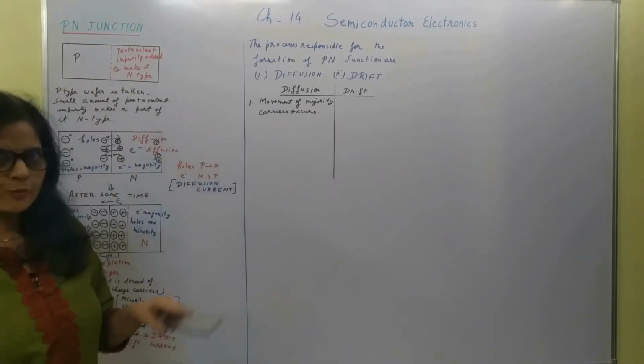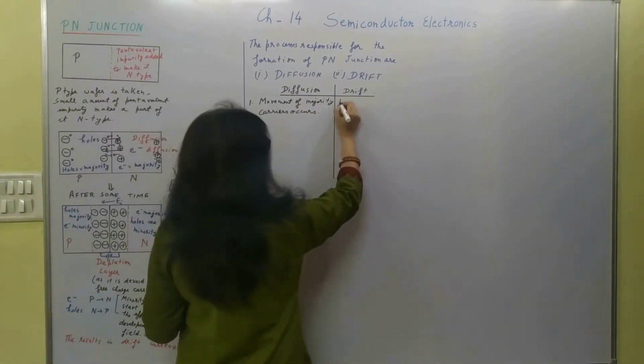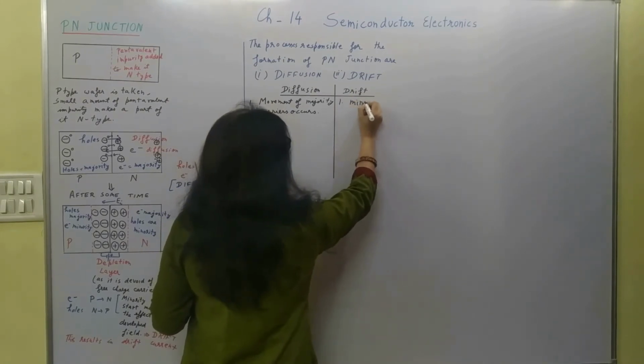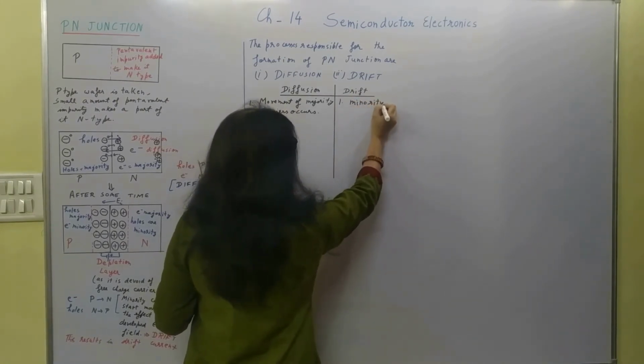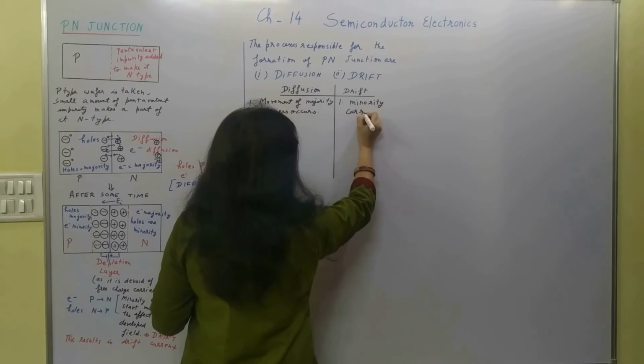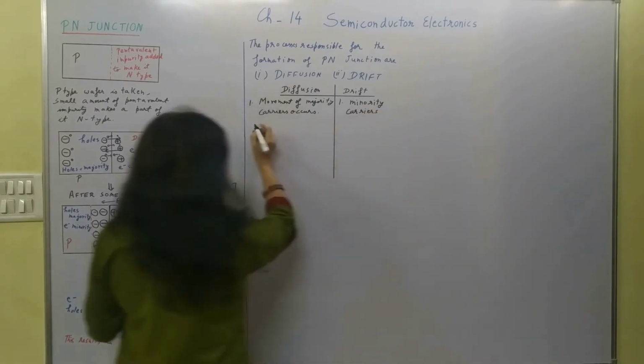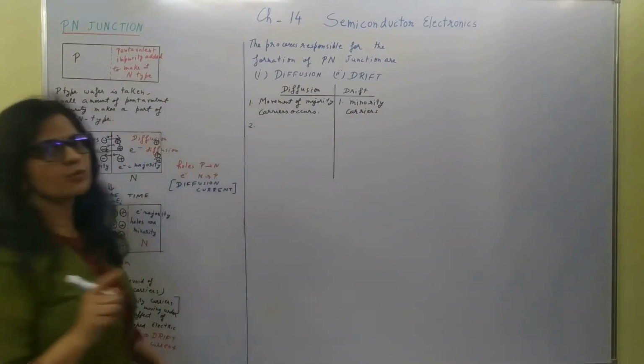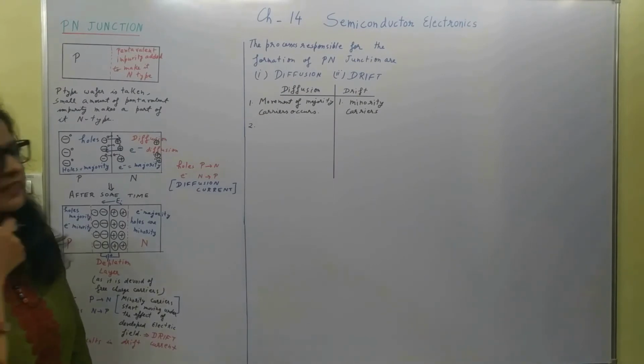Here movement of minority carriers occurs. Second is, this is due to concentration difference across P and N side.